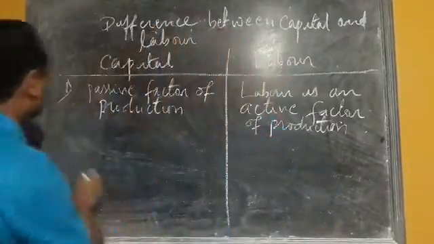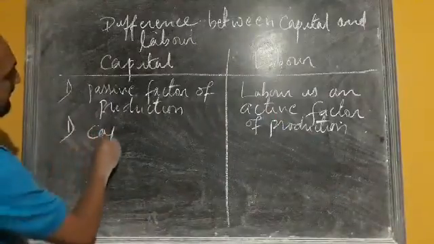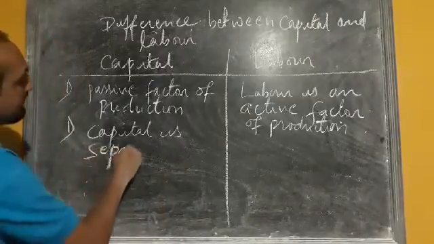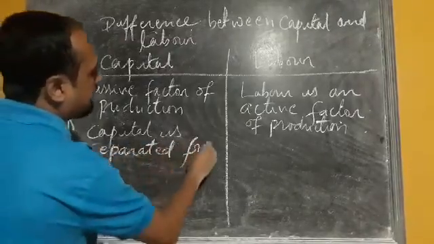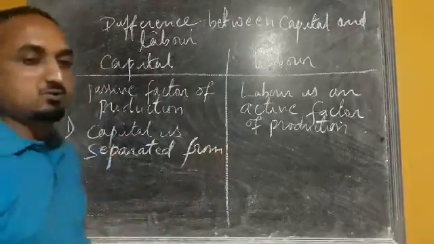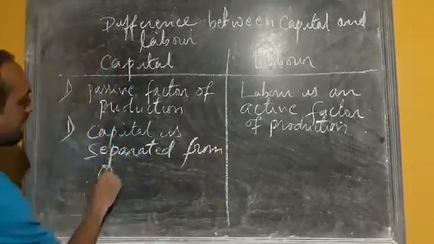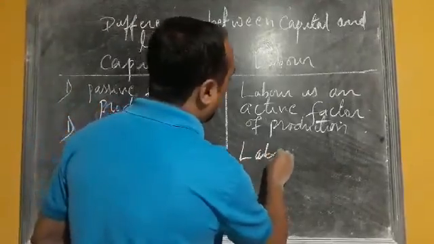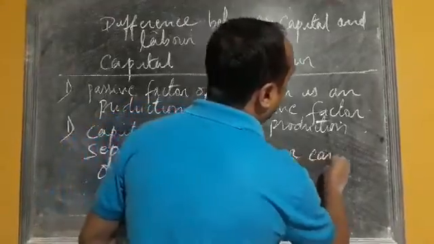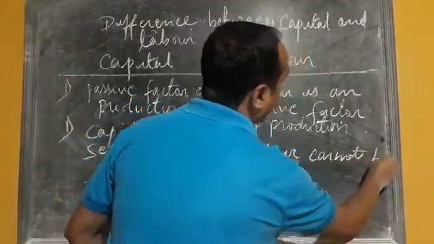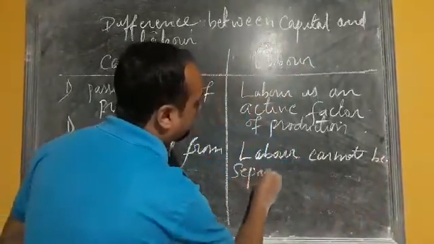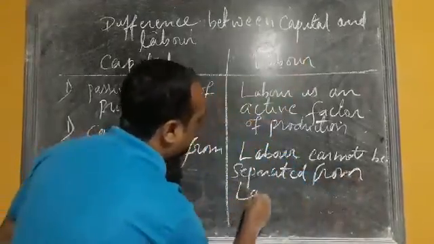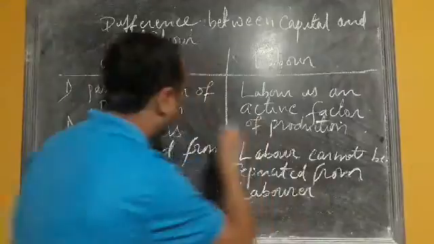Now the second one is capital is separated from its owner, whereas labor cannot be separated from the laborer.